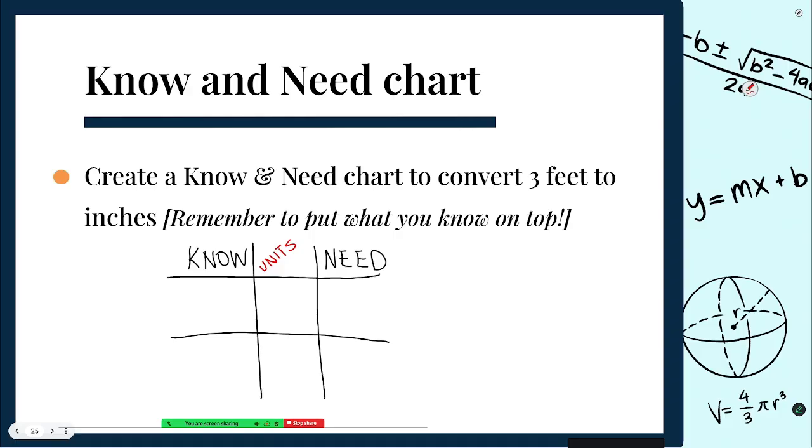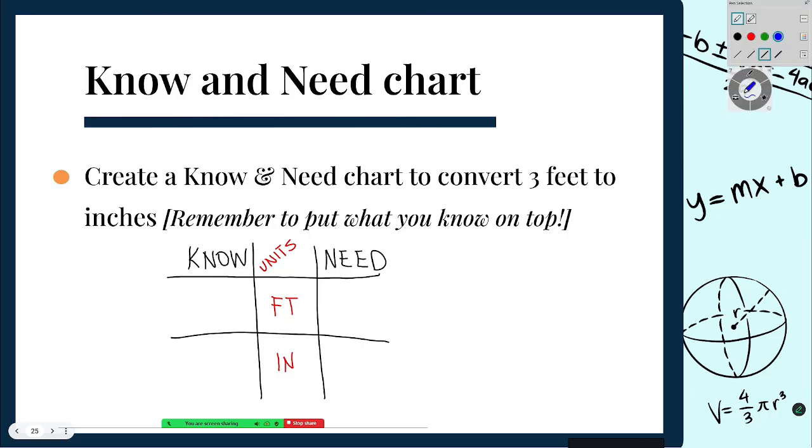In this case, because we're converting 3 feet into inches, our units are feet and inches. Now if you look at the little note here, it says remember to put what you know on top. So we know 3 feet. Feet is what we know. We're given 3 feet. So we're going to put feet on top, and that means inches goes underneath.